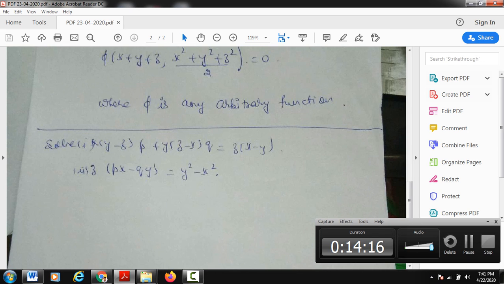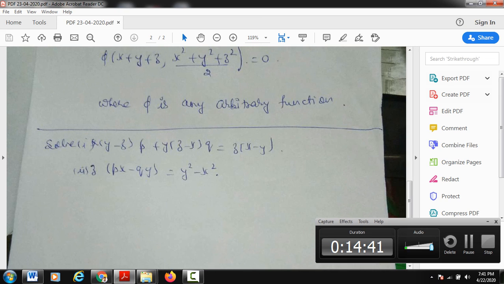Similarly, in the second part we have to solve z into (p x minus q y) is equal to y square minus x square. One thing you can do, students, is multiply this z on the left hand side, so it takes the form x into z p minus y into z q is equal to y square minus x square. The other thing you can do is p x minus q y is equal to (y square minus x square) over z.